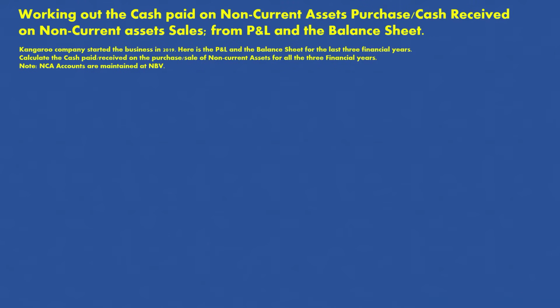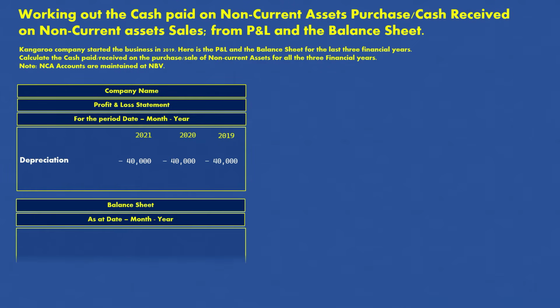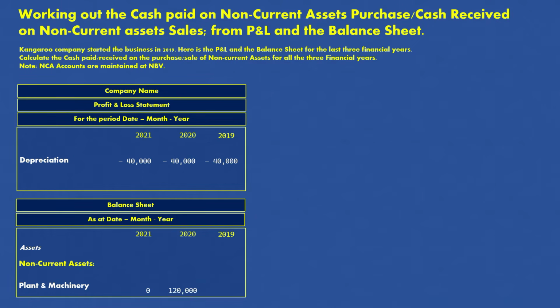So again, Kangaroo company just started the business. It is 2019. Here the profit and loss statement and the balance sheet for the last 3 financial years are being given. And then there is some further information that you can simply read. Now here, first of all, we have the profit and loss statement, and you can see we have depreciation of $40,000 for each year.